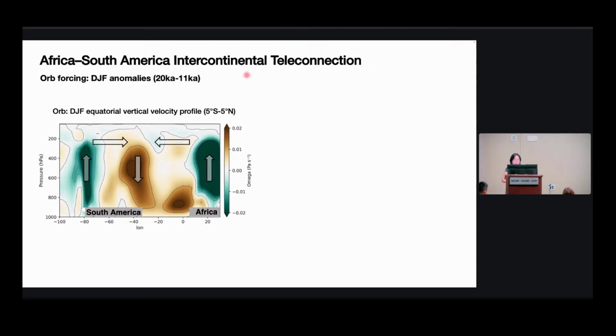And we see there is strong convection over equatorial Africa, strong subsidence over the western equatorial Atlantic and northeast Brazil, and further west there is strong convection over the western Amazon. And this large-scale circulation largely contributes to the precipitation pattern.